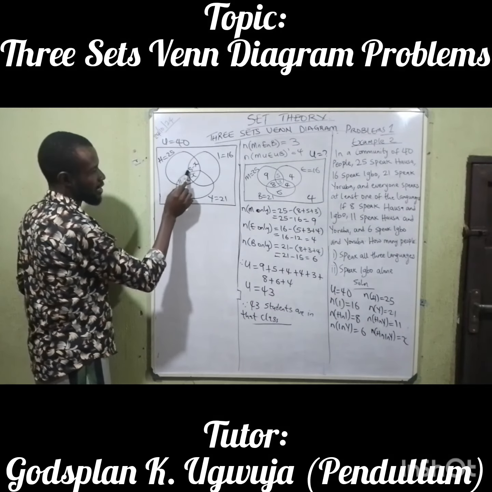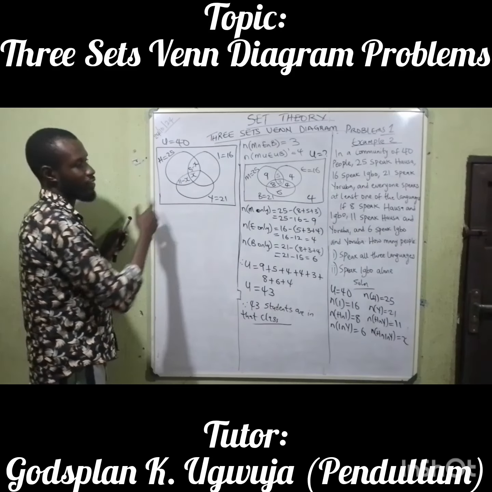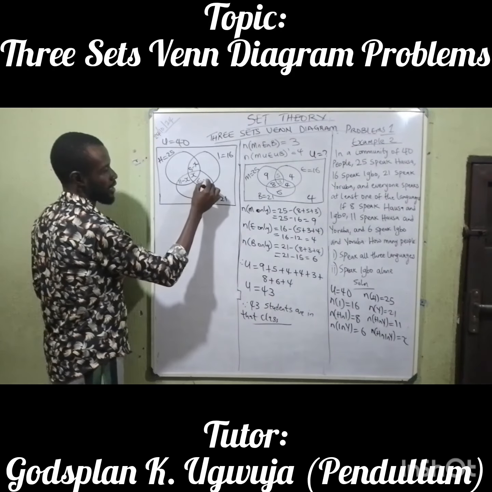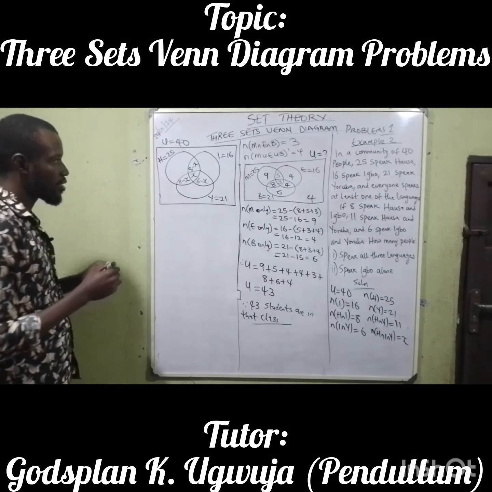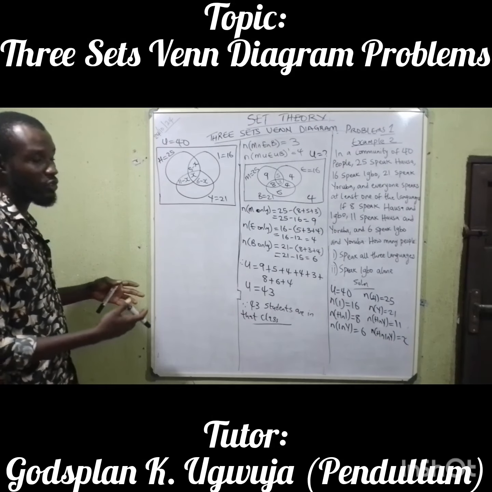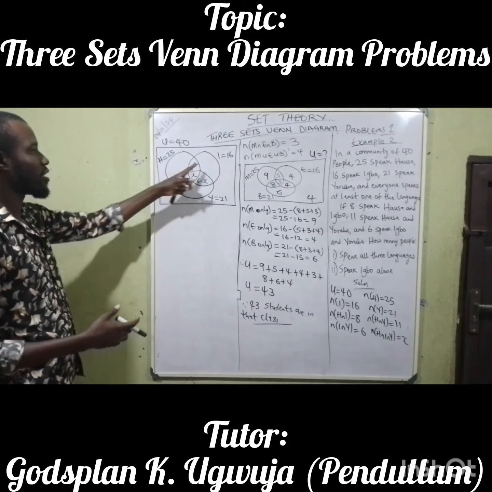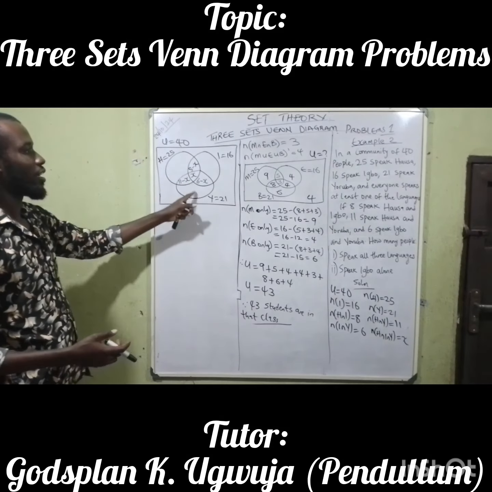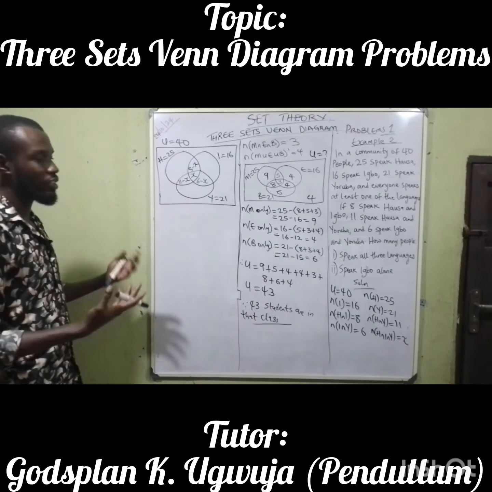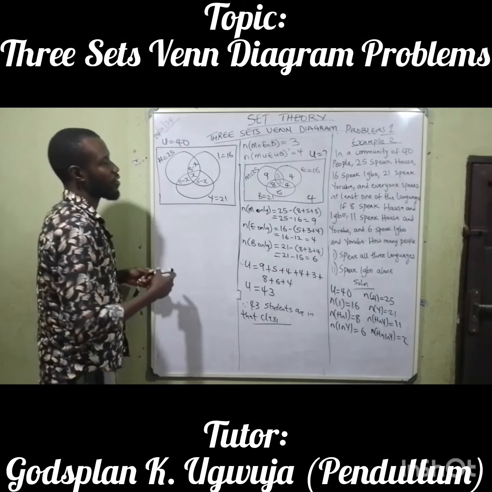So this entire intersection is 6. If I remove this part that is X, I will be left with 6 minus X. Alright. So, like I told you, what you need to do, first of all, fill in these parts. If you fill in these parts, then you are on your way to solving this question completely. So let us fill in this part.